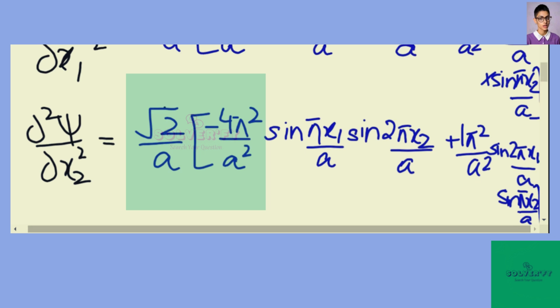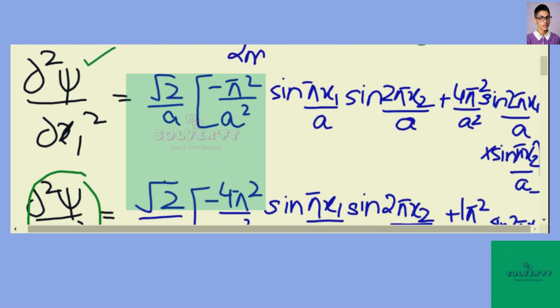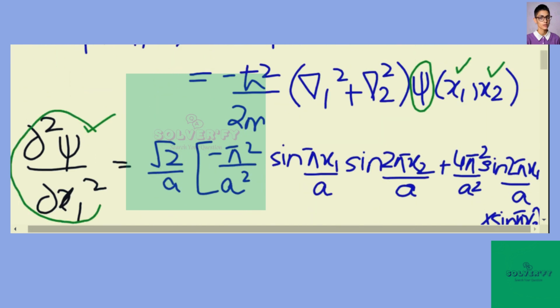Now we are going to plug these values of the partial derivatives of the wave function into this equation, this del 1 squared and del 2 squared.